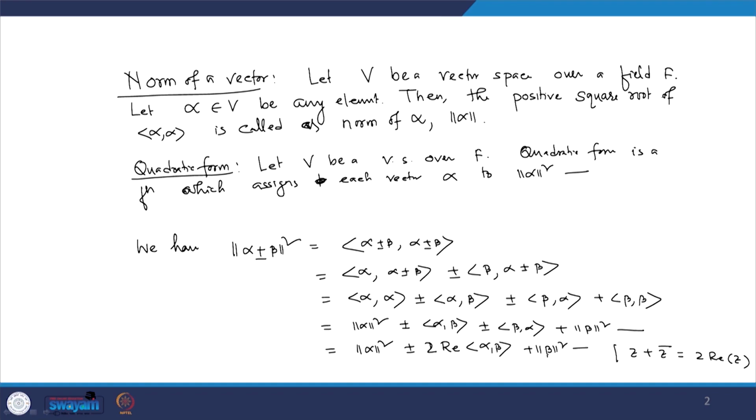So, I am getting norm of alpha plus minus beta whole square equal to something like this.